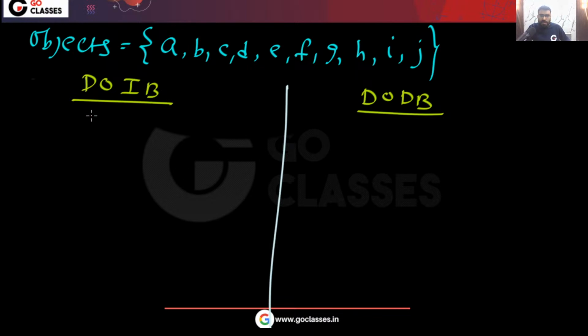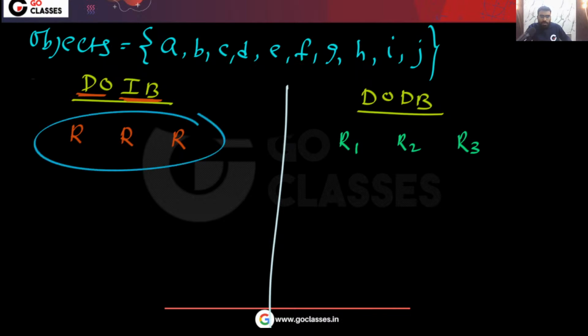First, in DOIB, meaning distinguishable objects, identical boxes, all the boxes are same R, and here all the boxes are different, R1, R2, R3. Now notice one thing.